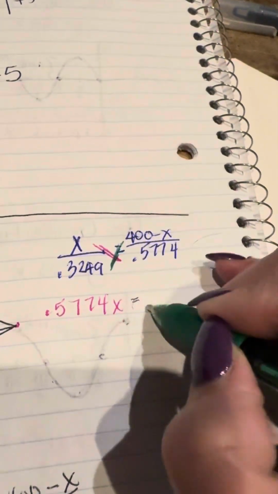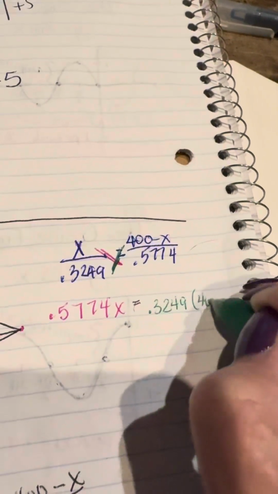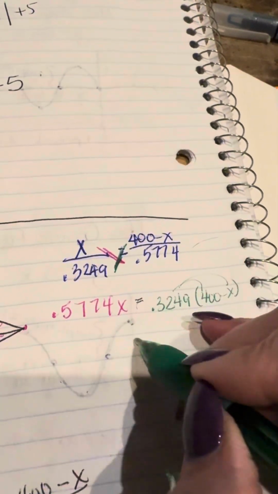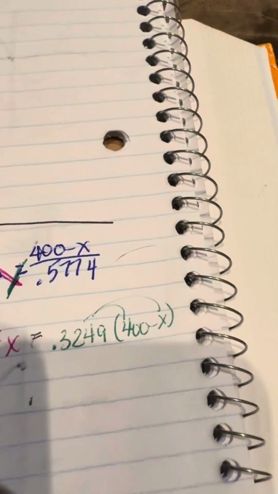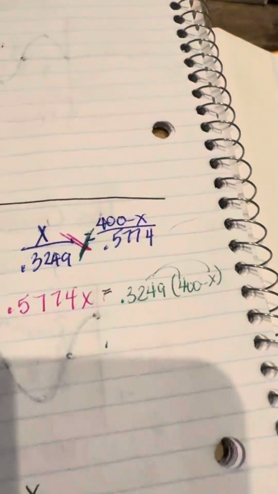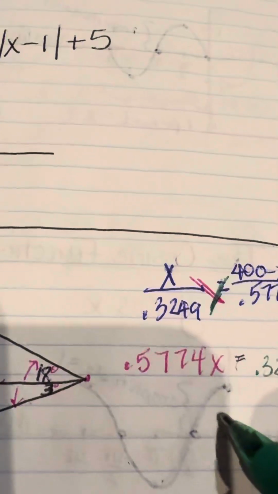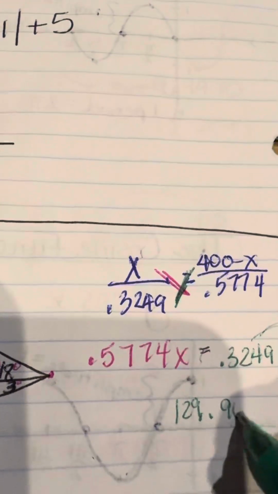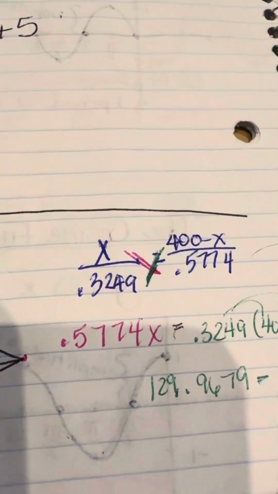So 0.3249 times 400 minus X. We're going to distribute that. I'll just multiply that right now using the calculator, multiplying this times 400, and I got 129.9679 minus, and then I'm going to distribute that.